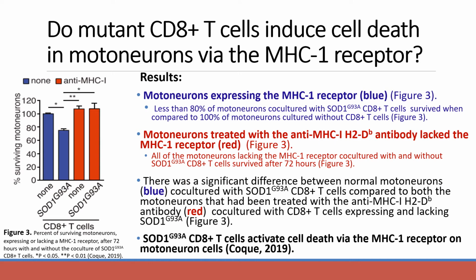So the other question that they set out to answer in this study is, do mutant CD8 T cells induce cell death in motor neurons via the MHC1 receptor? If you look at the figure on the left, it's depicting the percent of surviving motor neurons expressing or lacking the MHC1 receptor after 72 hours with and without the co-culture of SOD1 mutant CD8 T cells.